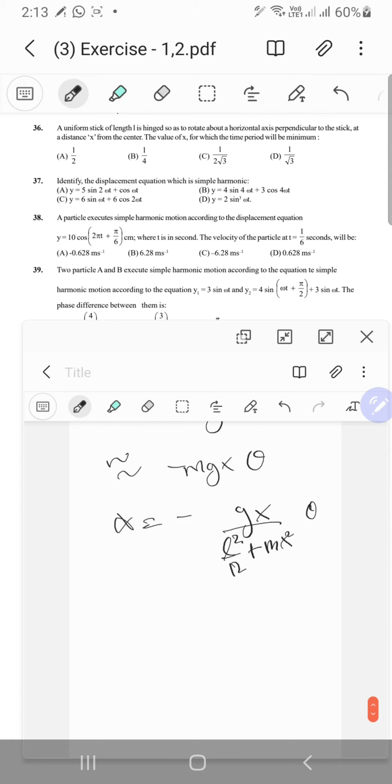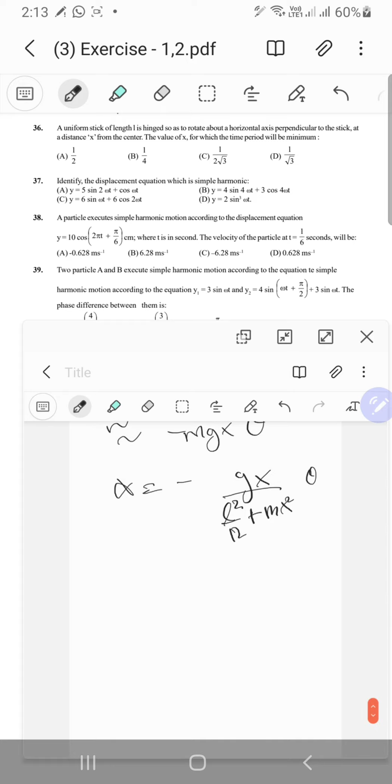So what do we need to find? We need to find for which x the time period will be minimum. In that case, we want our angular frequency to be maximum, so we want this quantity to be maximum. In other words, we want this denominator to be minimum. Time period minimum, so frequency maximum, so this thing is maximum, so this is minimum.